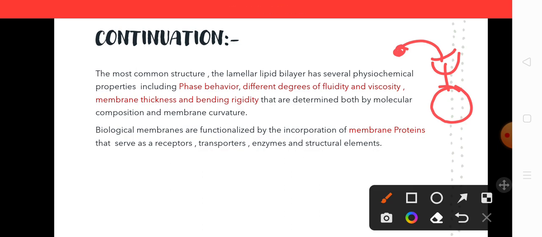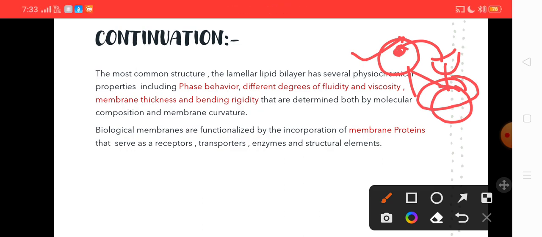So that particular signaling molecule has to recognize that receptor to facilitate further downstream signaling, right? And for recognizing the receptor, first you have to analyze the composition of the membrane, right?